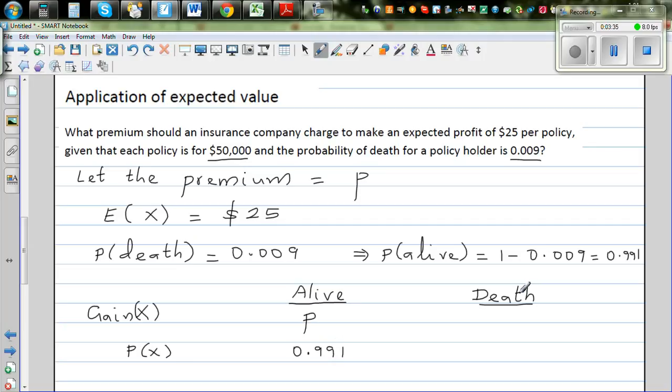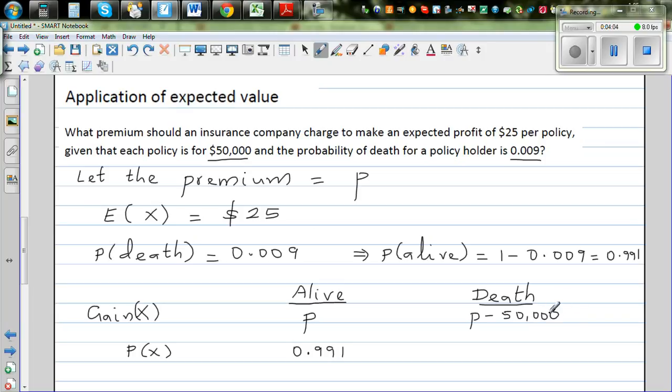The other scenario is that the gain would be P minus 50,000, because if the person dies, the insurance company has to pay the 50,000.